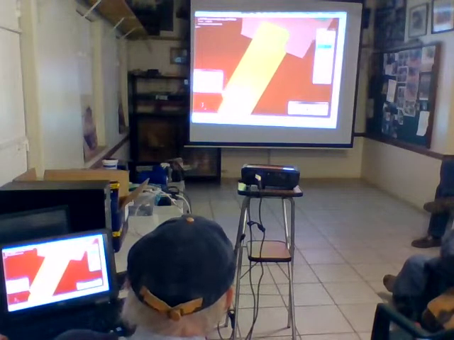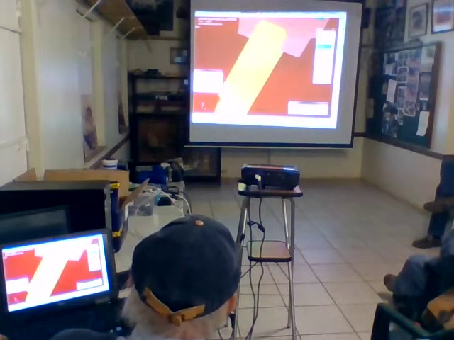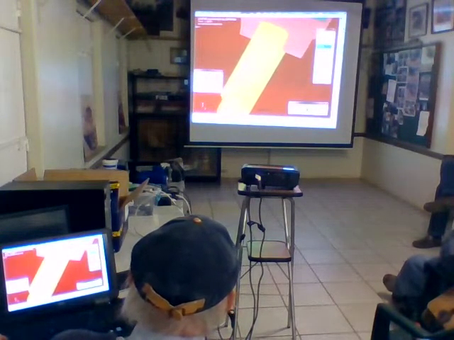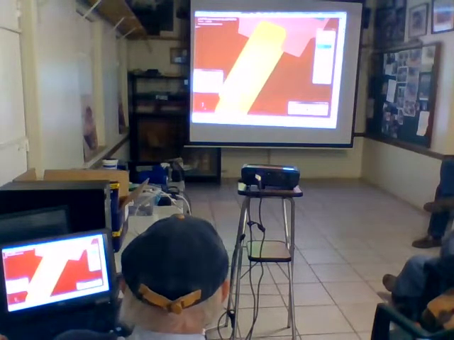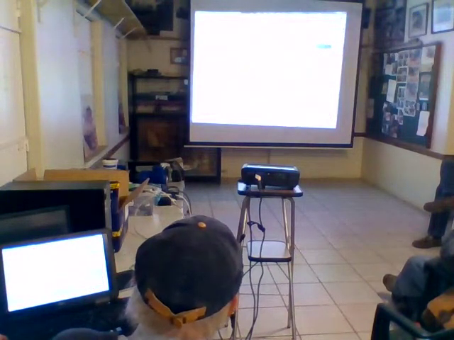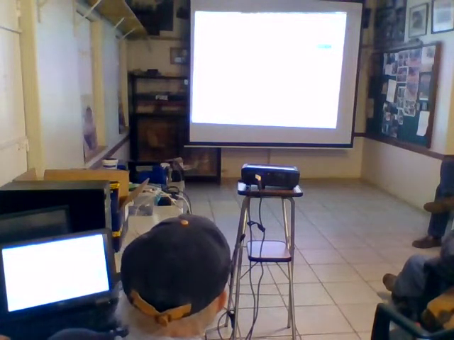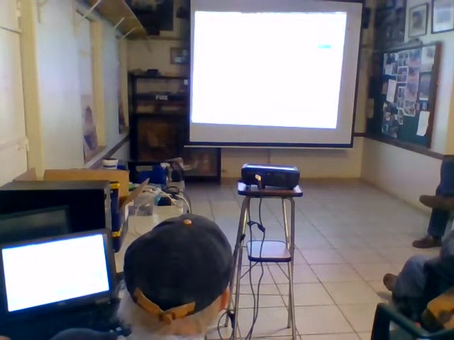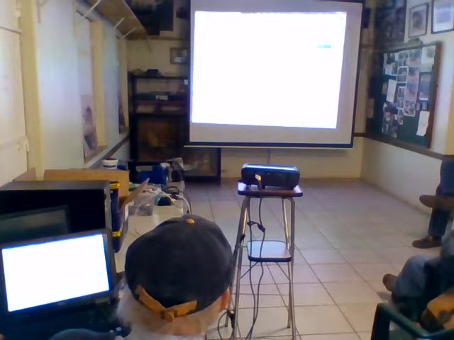Remember, this is now magnified 1,000 times. So you see this part is getting longer and shorter here. You see the movement here, forward and backward. You see how it slides here.